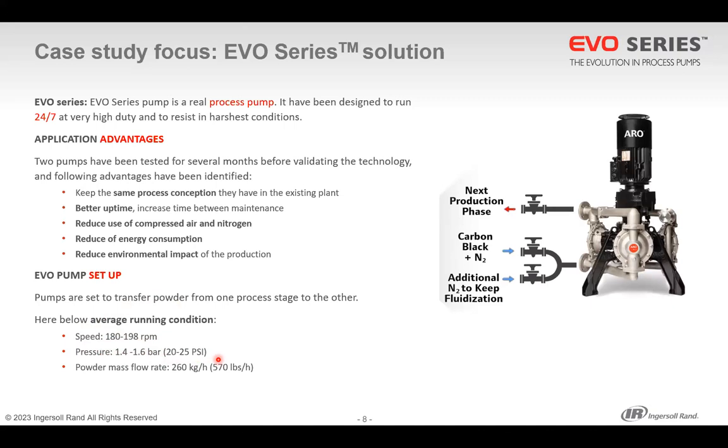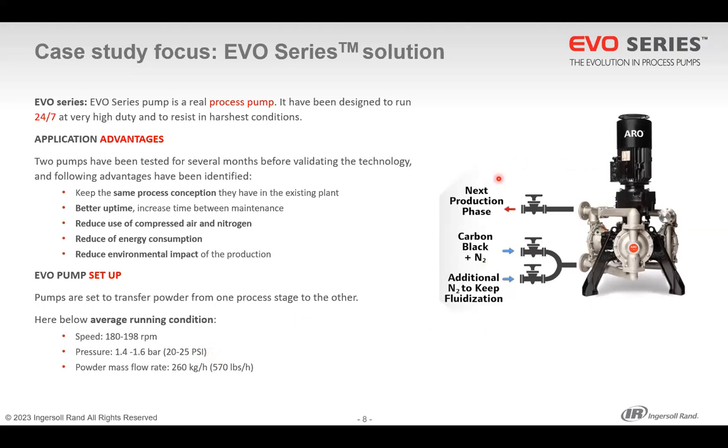So it's running about 1.4, 1.6 bar gauge, which is 20-25 PSI. And the mass flow rate of the real powder, without considering the gas, the nitrogen, that the customer is able to pump is in the range of 260 kilograms per hour, which is 570 pounds per hour in US dimensions.